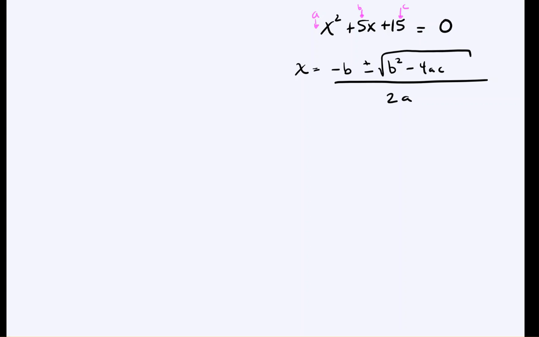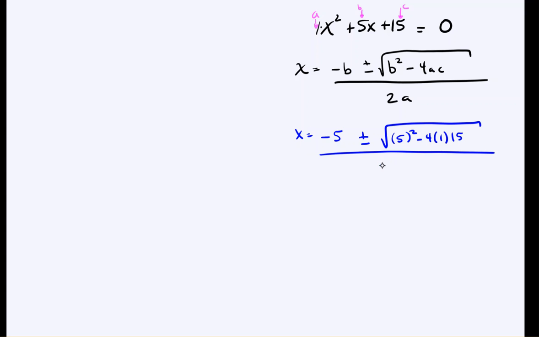Now in this case, since it's just x squared, there's an implied 1 times x squared, so a is 1. So we fill in the formula and we would get negative 5 plus or minus the square root of 5 squared minus 4 times 1 times c. Now our c is 15, all over 2 times 1.